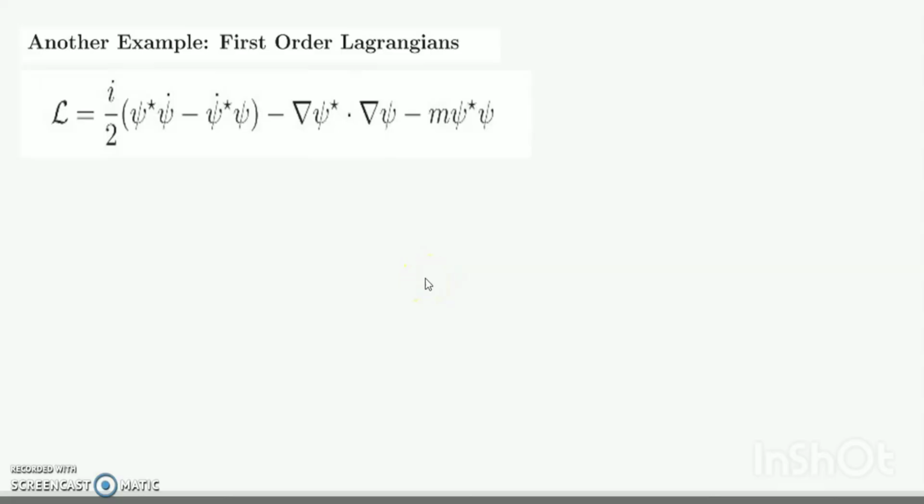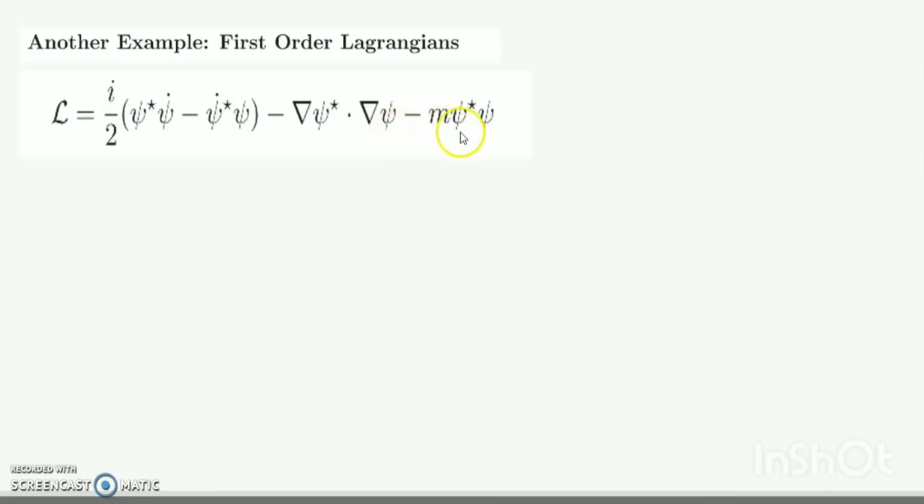Okay, now I discuss first order Lagrangians. Lagrangian examples. So the first order Lagrangian, L is equal to i psi star psi dot minus del psi star del psi.